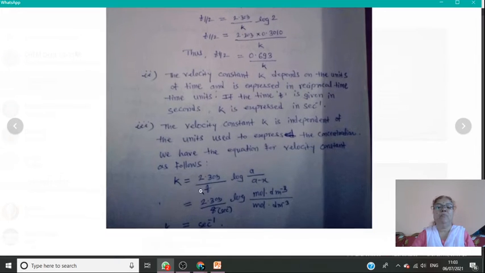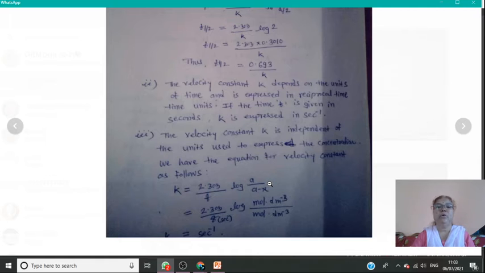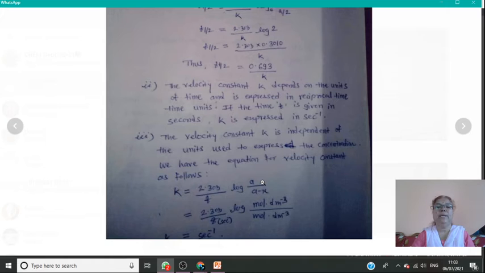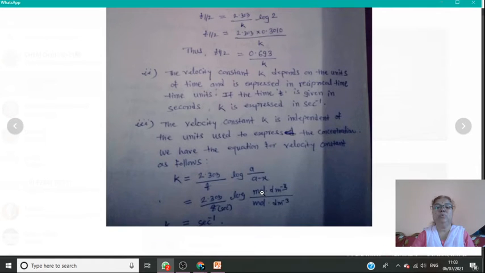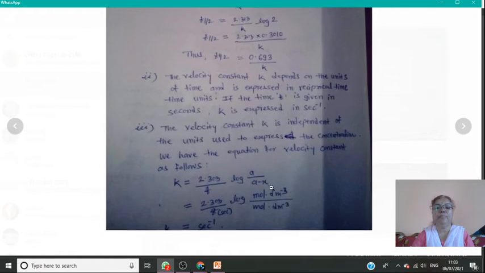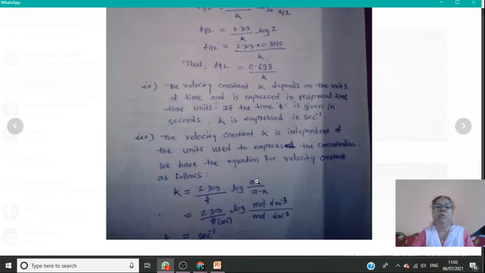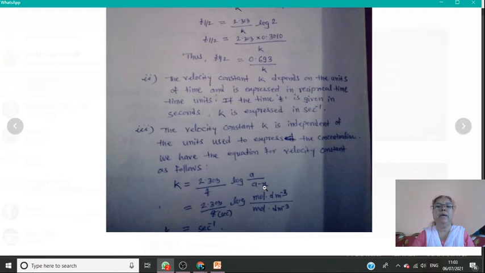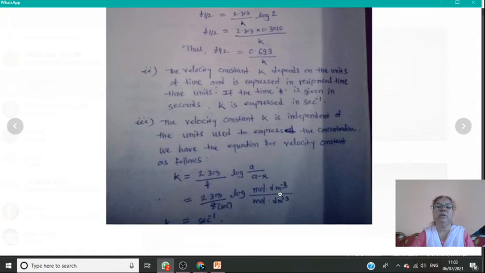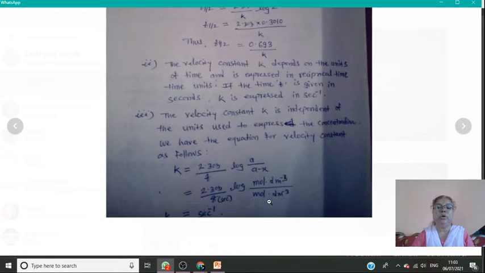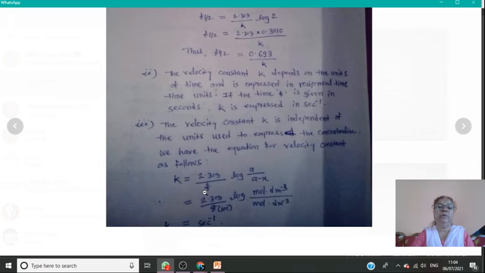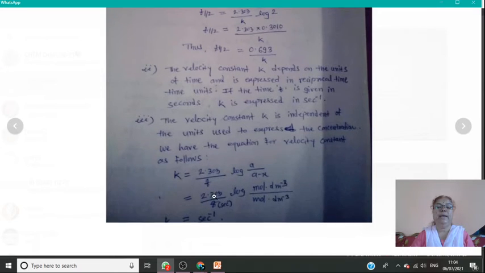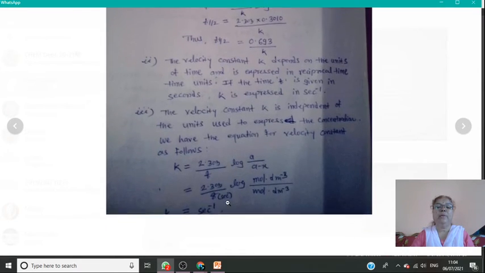If we express the concentration in terms of mole per dm cube, in this term we have two concentration terms, numerator and denominator, and these two cancel each other, and the unit for K is time inverse.